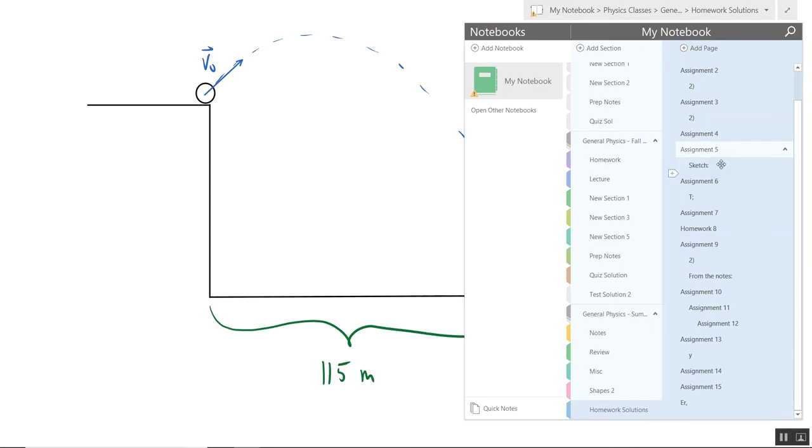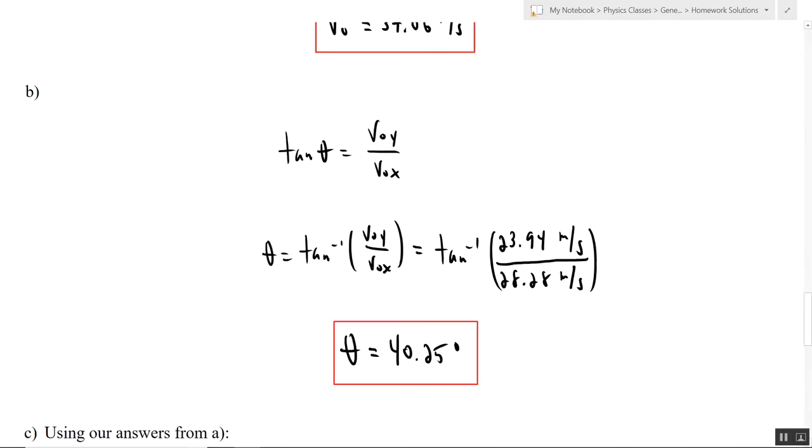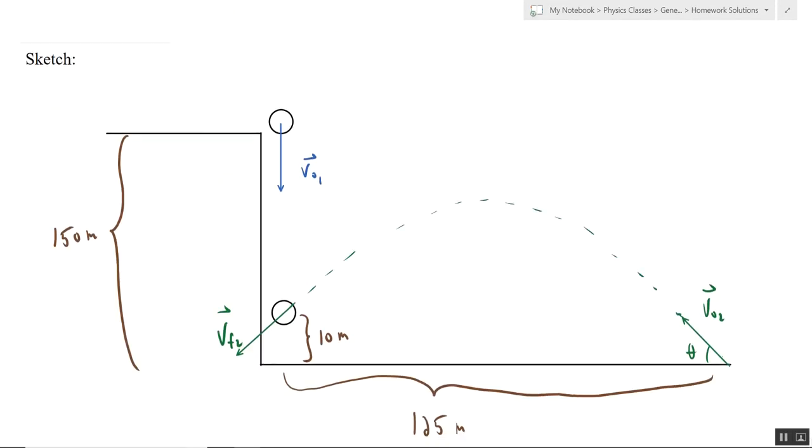Okay, so let's go on to the next one, and this one's a little bit more involved.